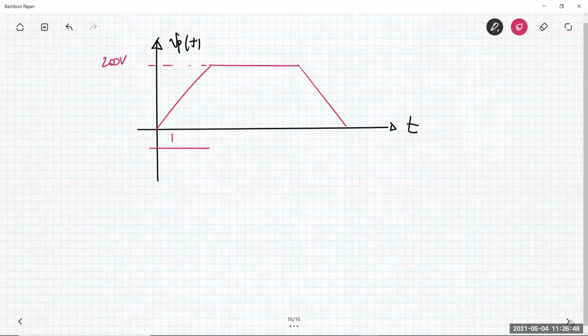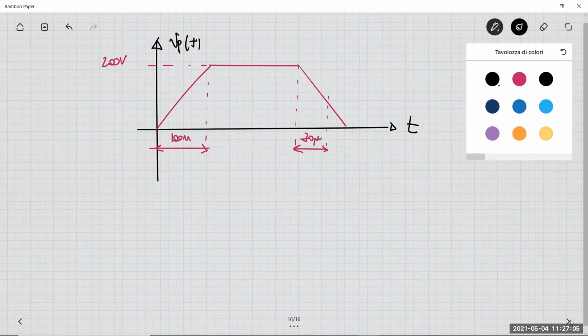Remember, this is 100 microsecond. Here we have 70 microsecond, and here I have the recovering action.